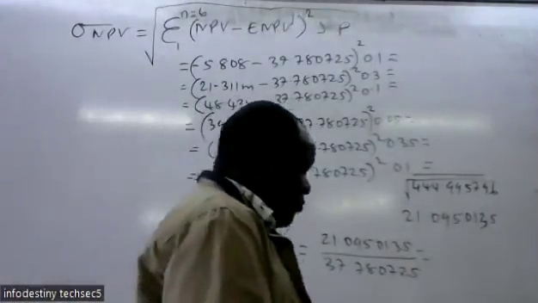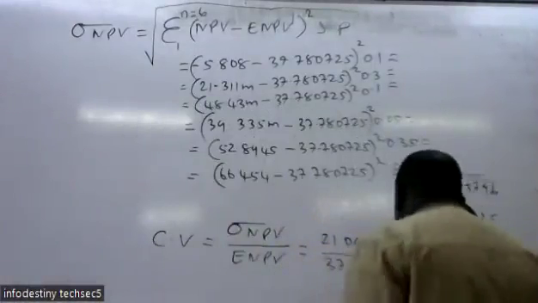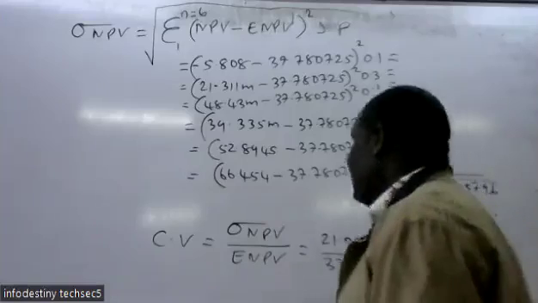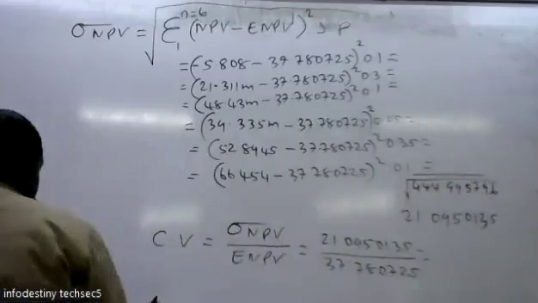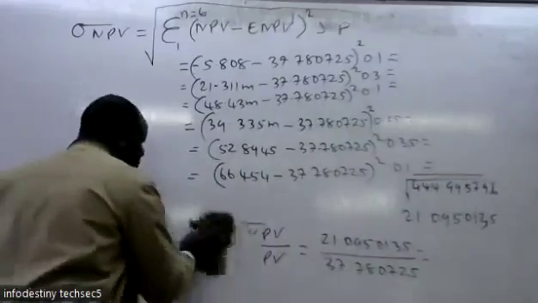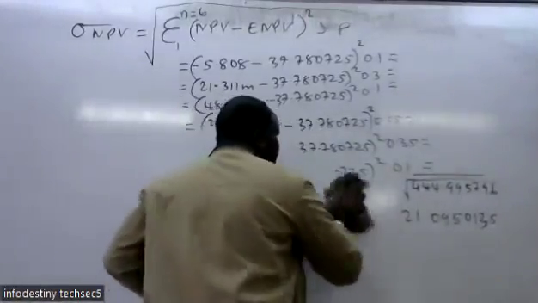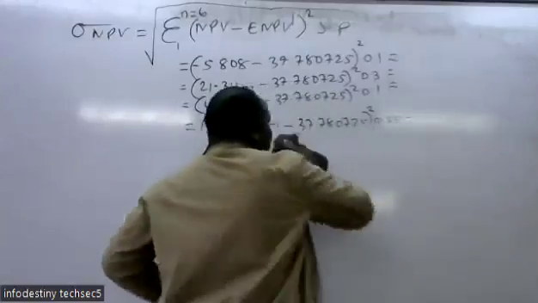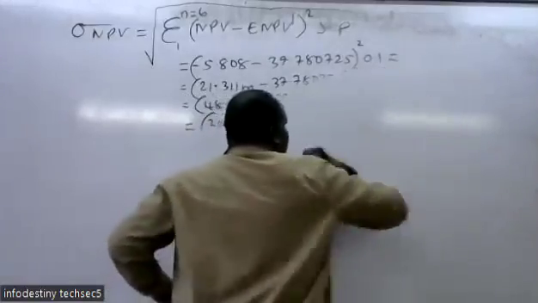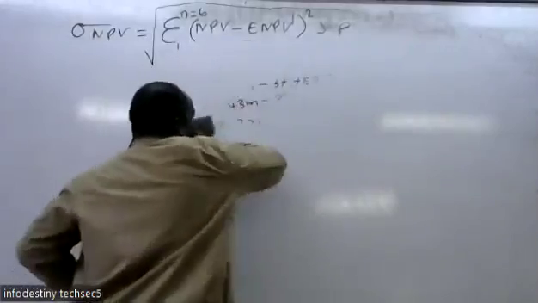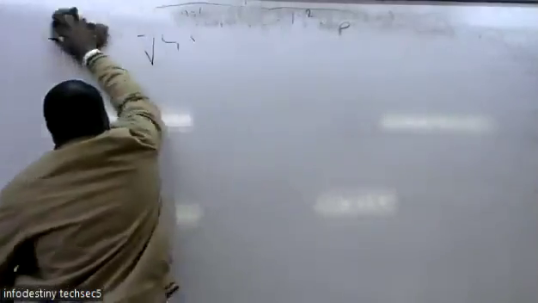But first, we draw the decision tree itself. The first thing you do, you have to draw the decision tree diagram before we justify by calculating the NPV with the abandonment and the NPV without abandonment. Then we compare the two.